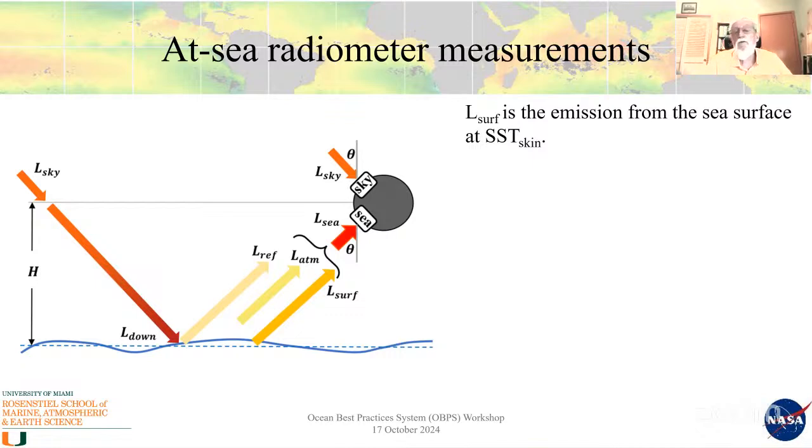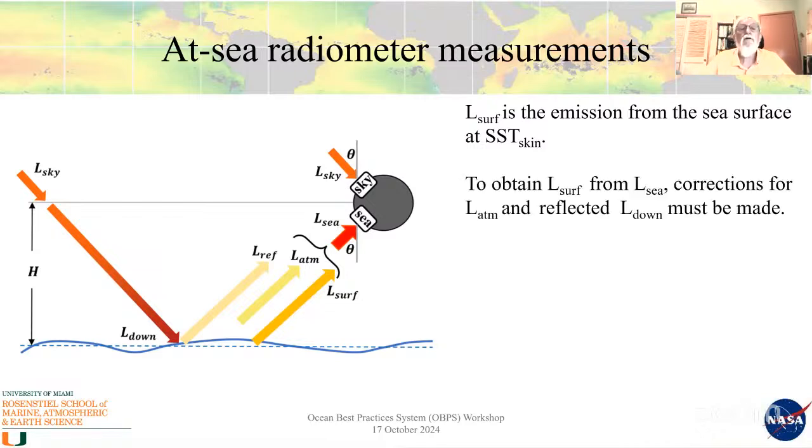The sea view is not just the emission from the surface, but it also includes emission from the atmospheric layer between the instrument and the surface, and a reflected component of the sky radiance reflected at the sea surface. So to derive the skin SST from the radiance measurement looking at the sea, we have to remove the effects of the atmosphere between the instrument and the sea surface and reflected sky radiance.